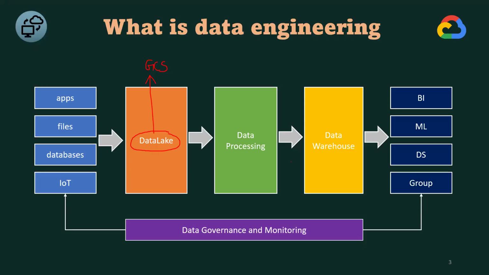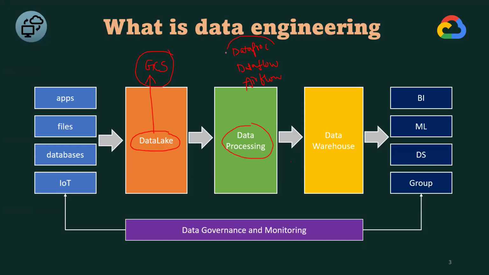So what is the Google Cloud Platform doing for you? It is providing services like GCS so that you can build your solutions on top of these GCP services. So the data lake solution is GCS, done. Similarly for data processing, you have Dataproc, Dataflow, Airflow.